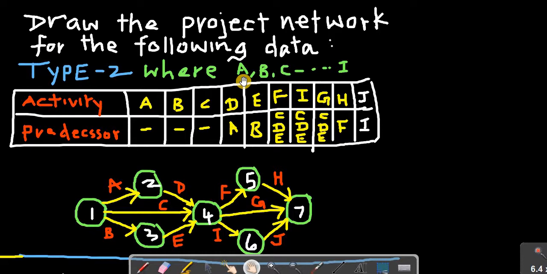Then up to J, and its predecessor is I. Up to J it was given there.